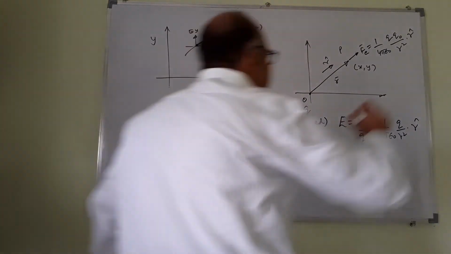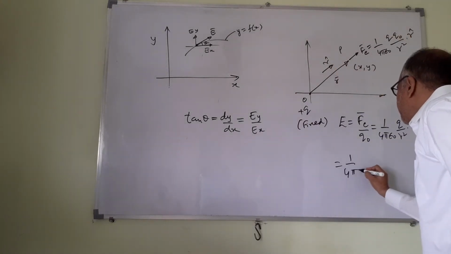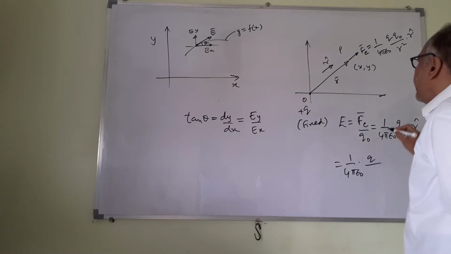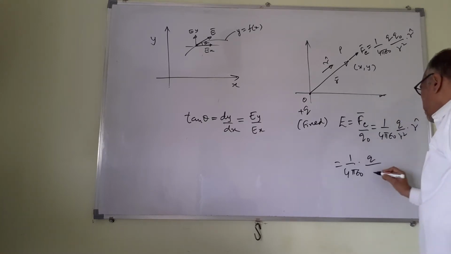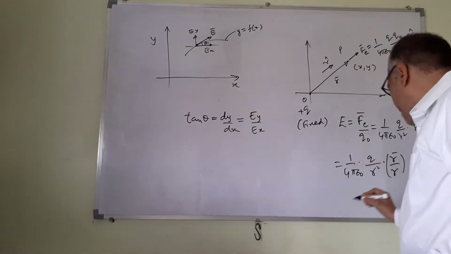So I can now write this as 1 by 4 pi epsilon naught into q by r squared. Now, this r would be vector r divided by the magnitude. Any unit vector is a vector divided by its magnitude.